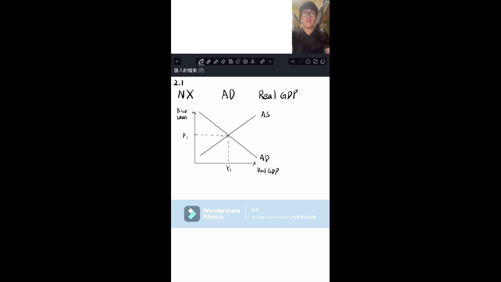From the graph, we can see that the aggregate demand curve will shift to the right. The real GDP goes from Y1 to Y2, and the price level increases from P1 to P2.